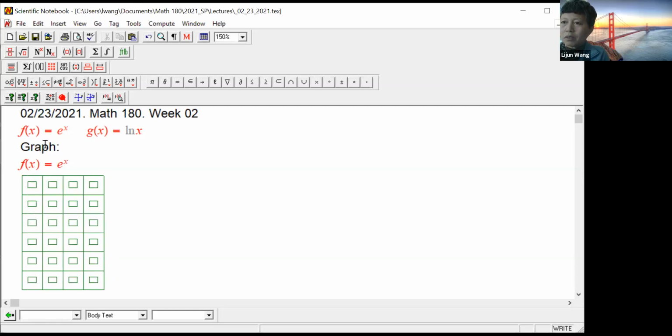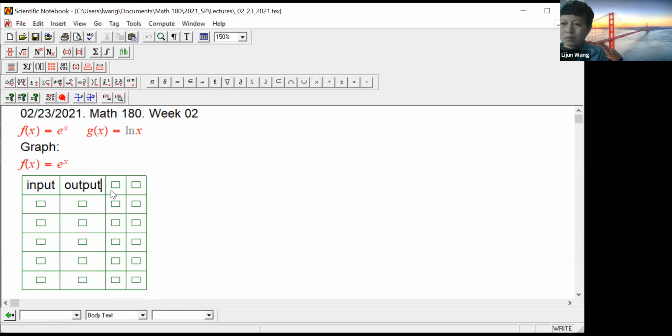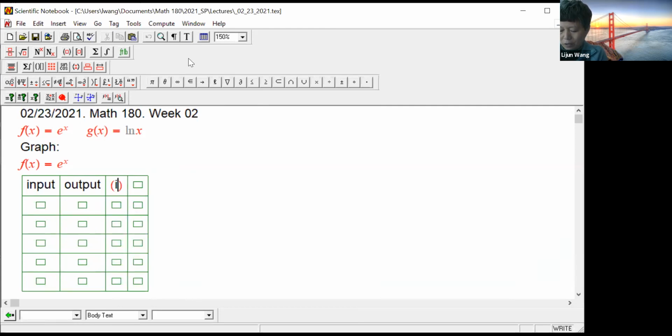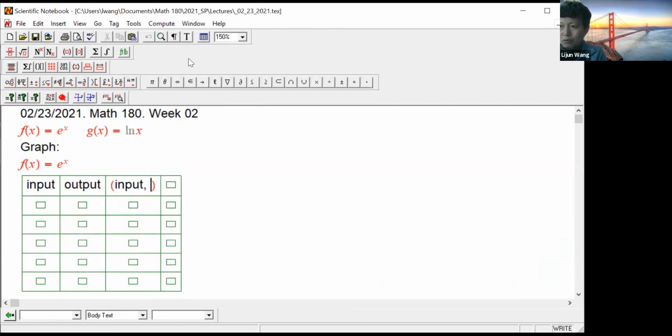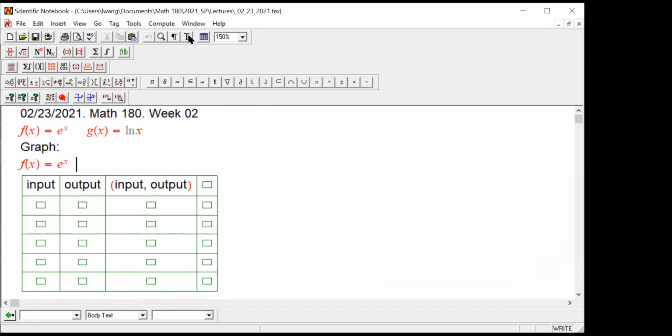The first question about e to the power x is, what is e? What is e to you? Everybody, could anybody tell me what e is to you? Isn't it 2.71?